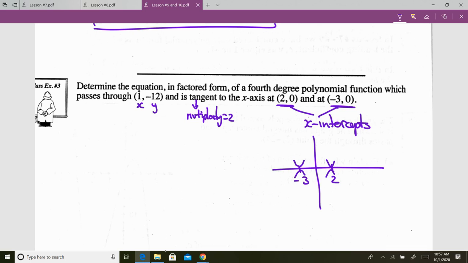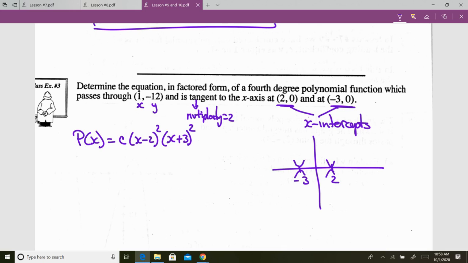We don't know yet because we don't know what the leading coefficient is, so we can't actually sketch the graph. Okay, but there's bounces happening there. So we go, okay, our polynomial, we're going to find our leading coefficient, so we put c. At 2, it would be x minus 2 to the power of 2, and at negative 3, it would be x plus 3 to the power of 2.